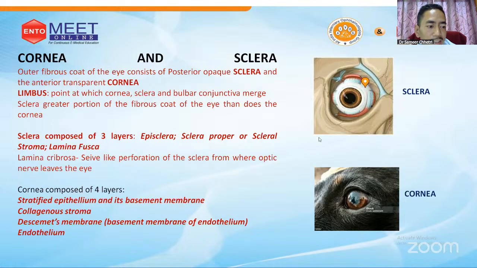Because of its unique structure, like a smooth optical surface, relatively low density, it maintains its relatively dehydrated state, and there is a regular arrangement of the stromal collagen fibrils. The cornea is avascular, so the nutrients and oxygen are derived from the aqueous humor and also from the precorneal tear film.